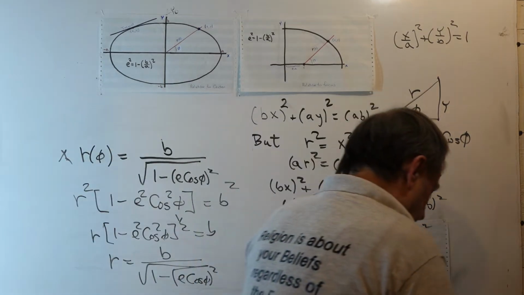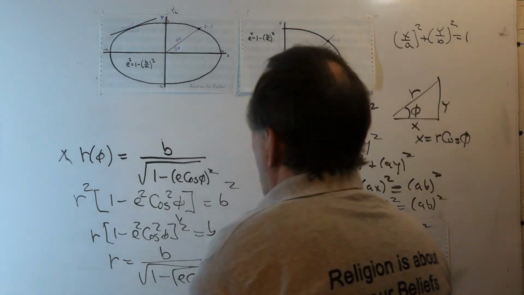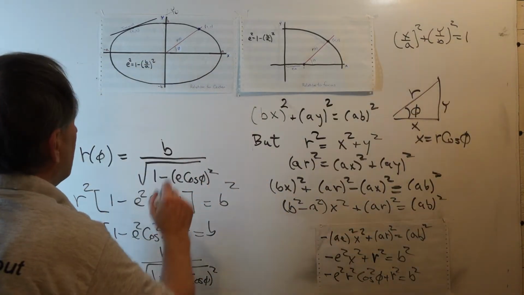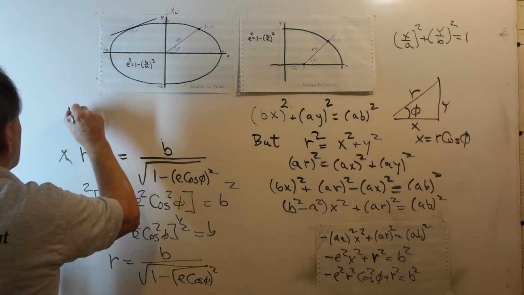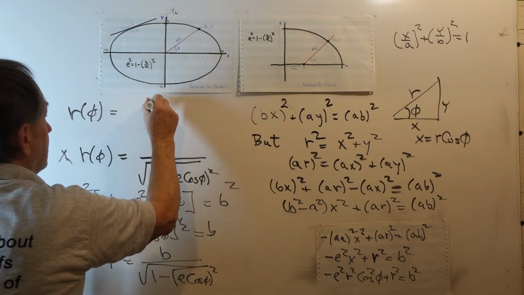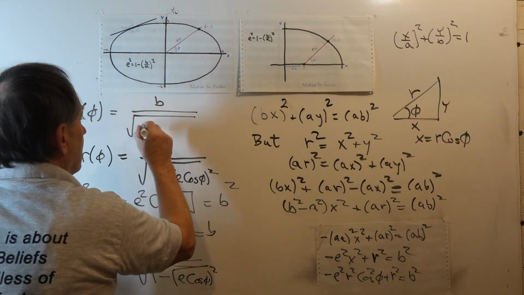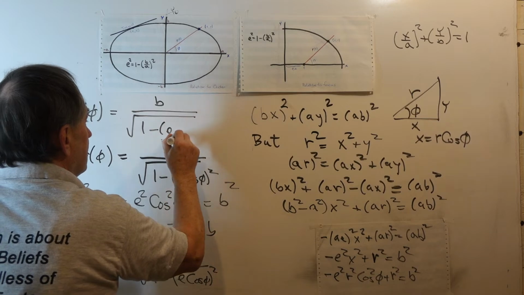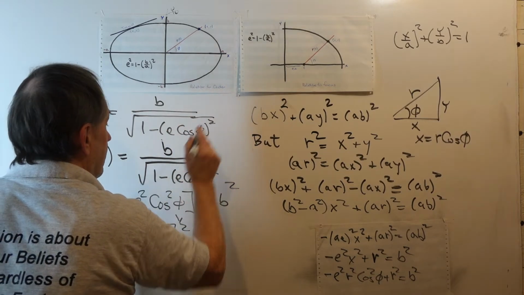So we verified that that equation is indeed correct. That's a polar representation for the ellipse. So I'm going to write this here. r as a function of phi is b over the square root of 1 minus e times the cosine of phi squared.